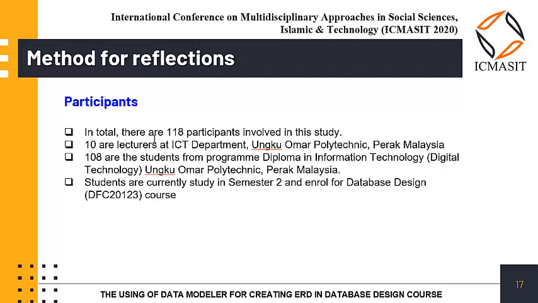In total, there are 118 participants involved in this study. 10 come from lecturers at the ICT department who teach database, and the rest, 108, are students from the diploma in information technology, digital technology program, currently studying in semester 2 and enrolled in the database design course.